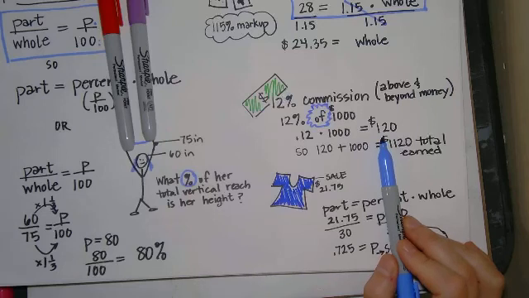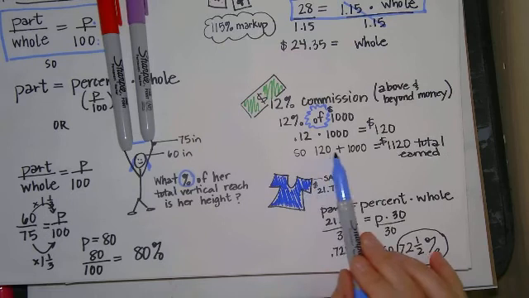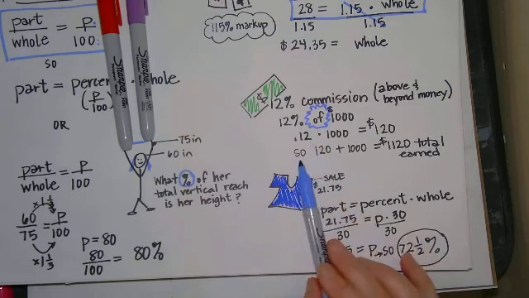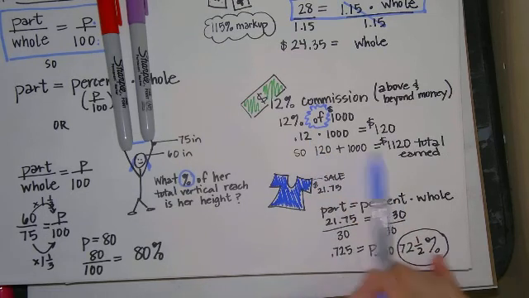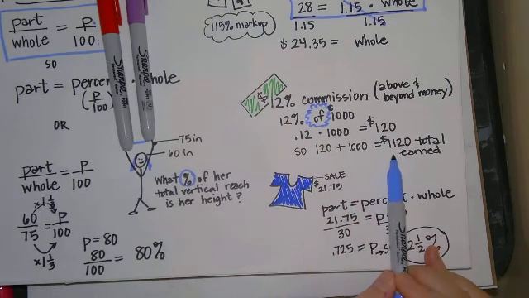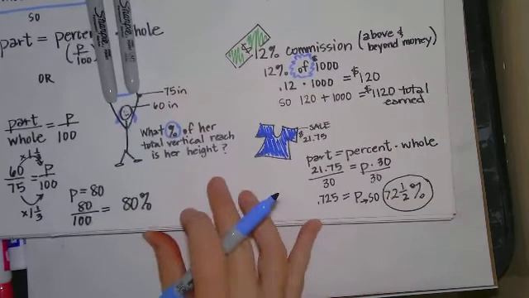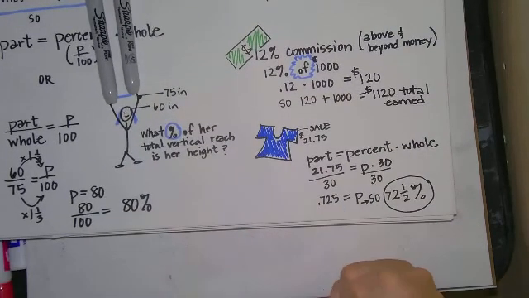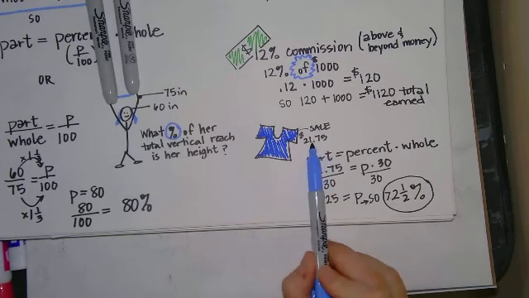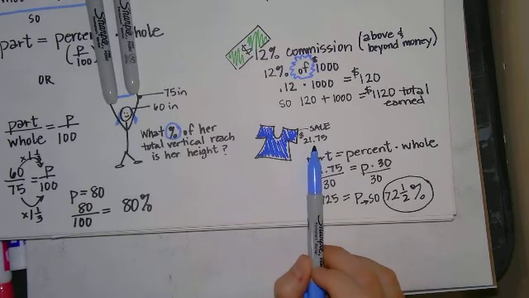So 12% of $1,000 is $120. So you're not only getting that $1,000, right? But you also got that 120. So you got that commission on top of it. $1,120 was total earned.